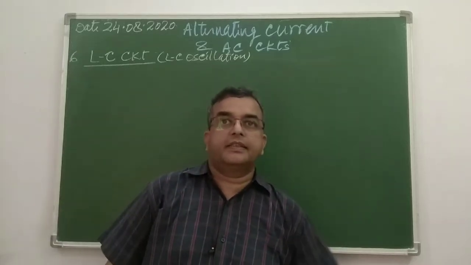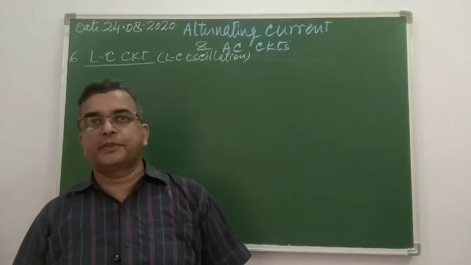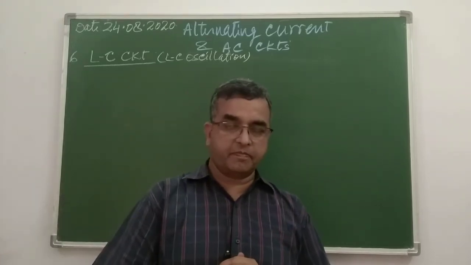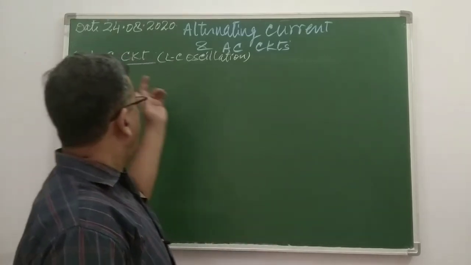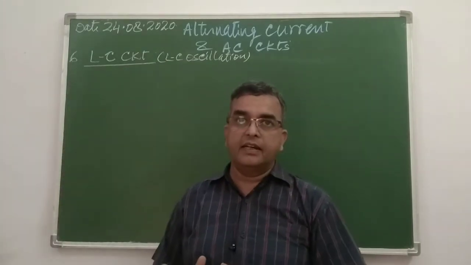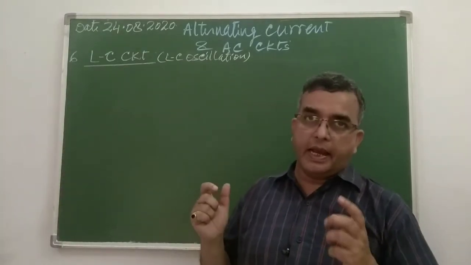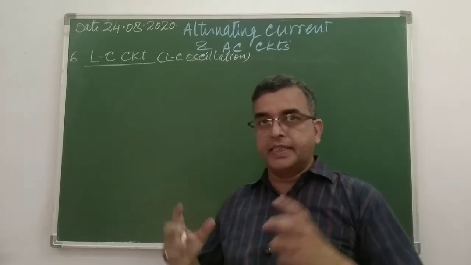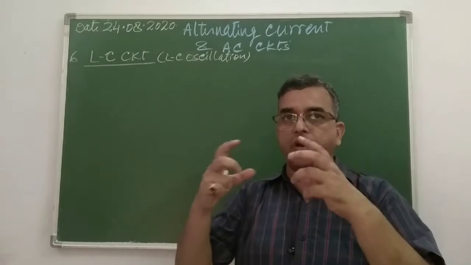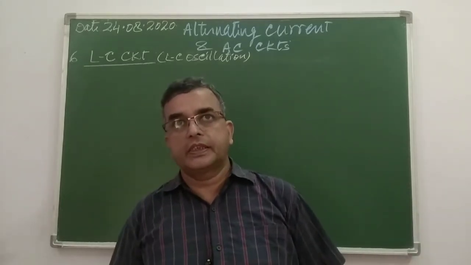Yes, students, the next circuit is the LC circuit or LC oscillations. So in this LC circuit, a coil of inductance L and a capacitor of capacitance C are connected in series and joined to an AC source.